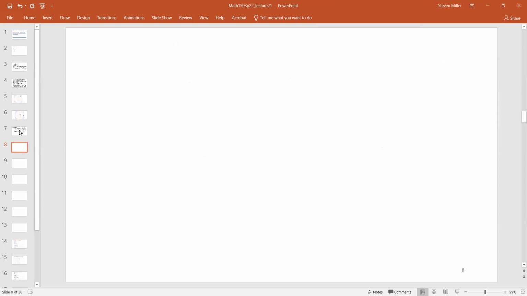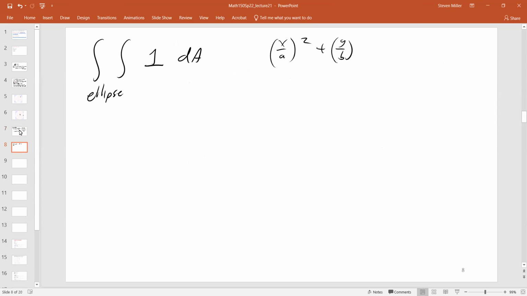So we want to integrate over the ellipse the function 1 dA. So if we have (x/A)^2 plus (y/B)^2 equals 1, this is the boundary. So here's A, here's B. Do you want to integrate first with respect to x or first with respect to y?